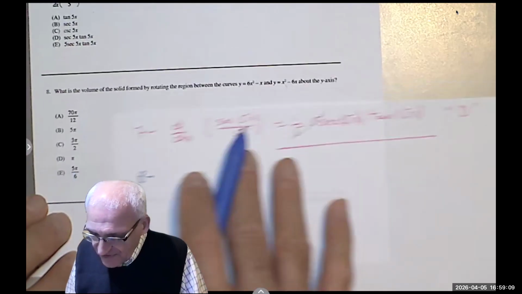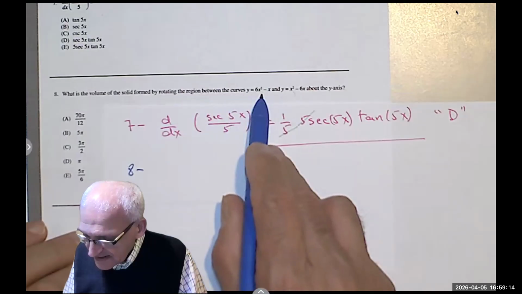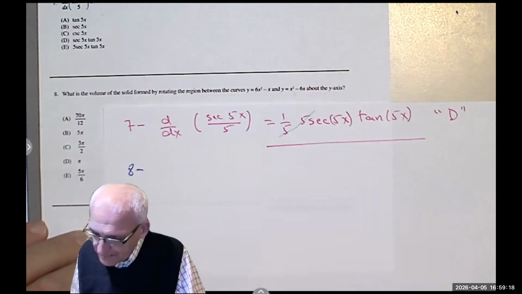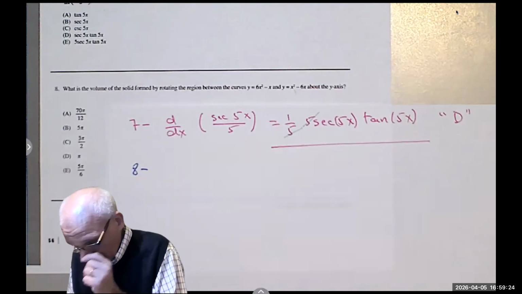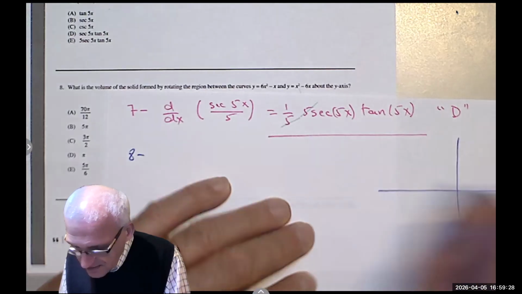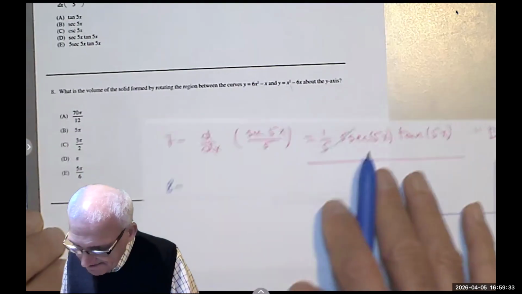What is the volume of the solid formed by rotating the region between the curve y equals 6x squared minus x, and y equals x squared minus 6x, both about the y-axis? Okay.